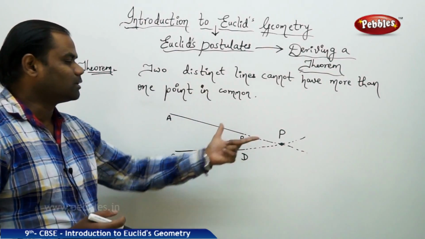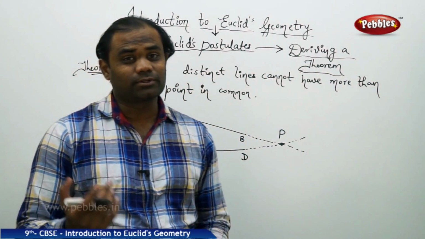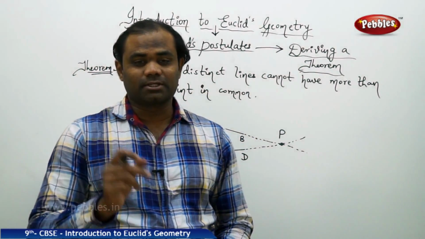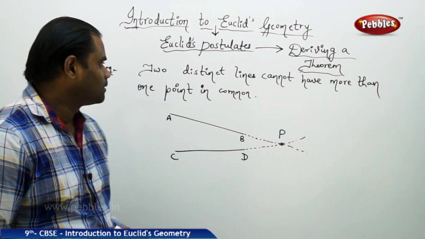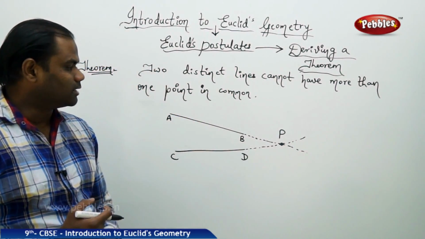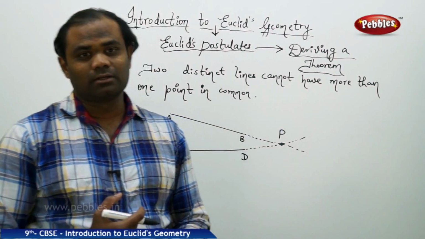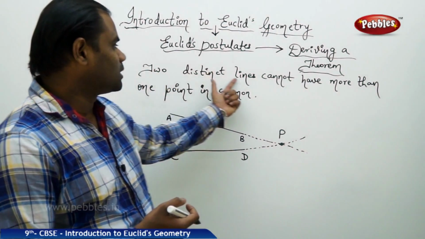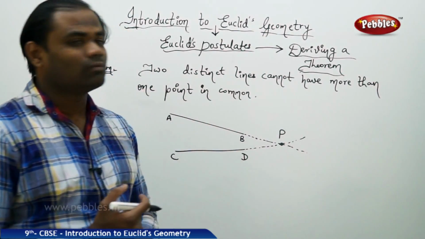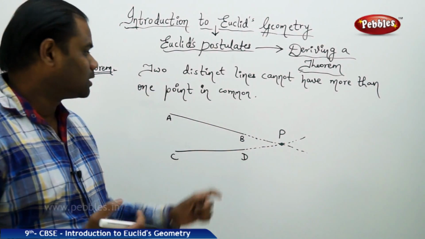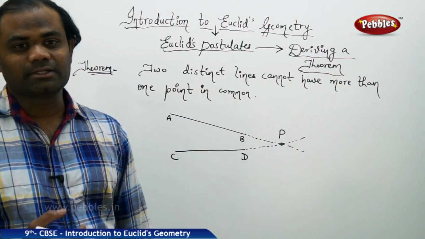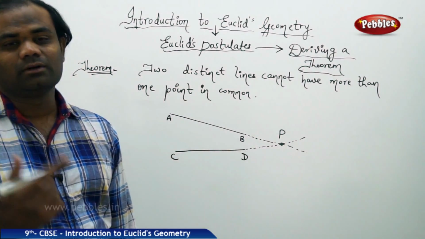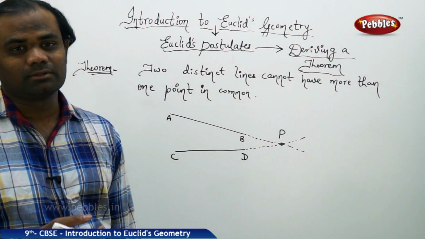They have 1 point in common, or they have 1 point of intersection. They must intersect, provided those two lines are not parallel to each other. So two distinct lines cannot have more than 1 point in common is how I understand the two lines intersecting. There should be only 1 point of intersection possible.